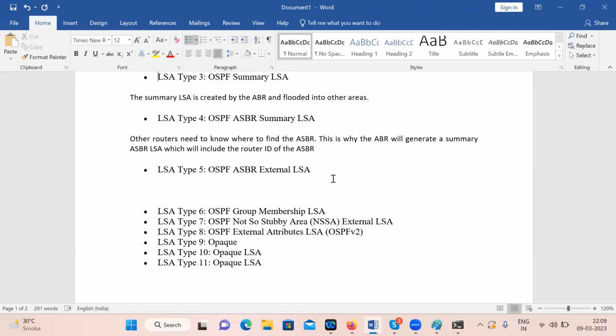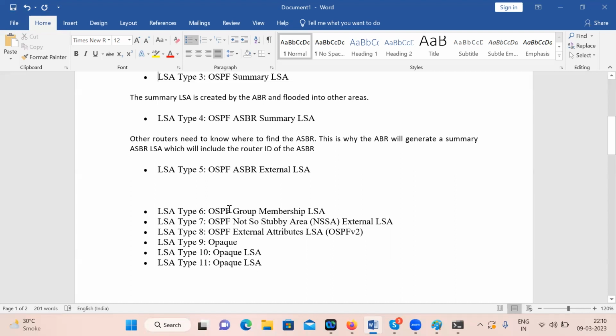If they enter your OSPF, they will be marked as OE route, OSPF external route. That means it does not belong to the OSPF routing protocol. Only the ASBR router is responsible to flood that information throughout the OSPF.